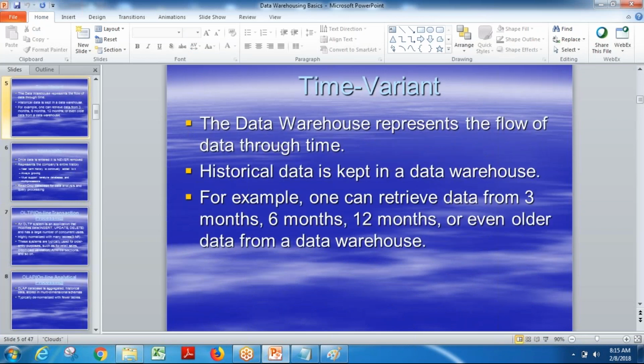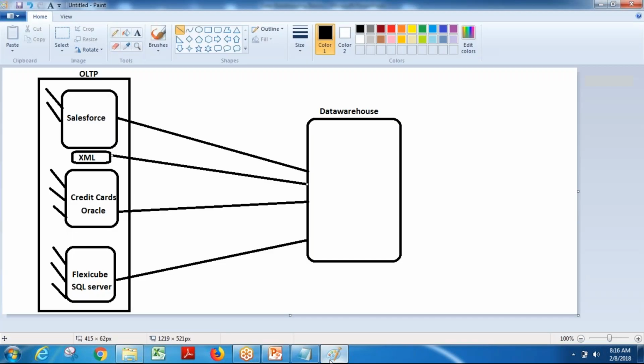The next one is time variant. This is very important. A transactional system doesn't store the historical data. Let me give an example. Let's say you have an ATM withdrawal application. If you go and look, you'll not be able to see the historical transactions that were performed.